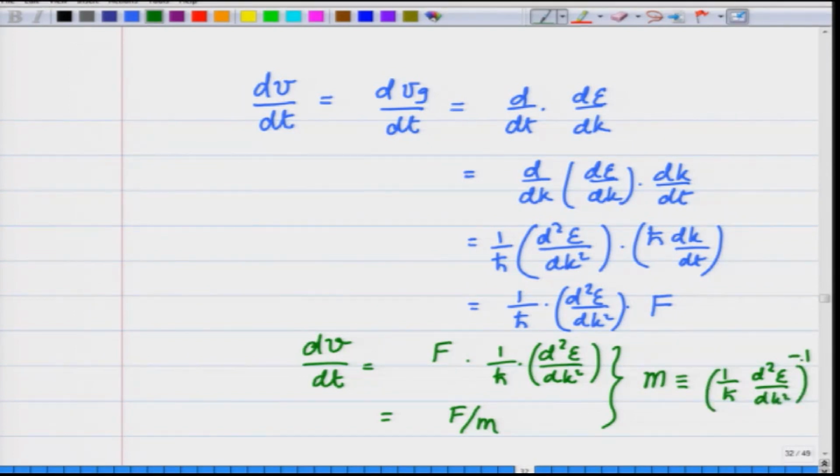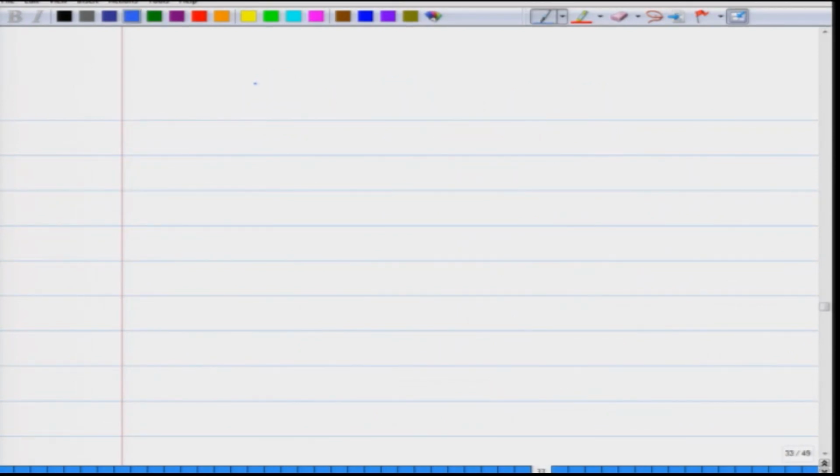So, to understand the concept of effective mass, let us calculate dV/dt for the particle, which will be the same as d by dt of its group velocity, which I can write as d by dt of 1 over h cross dE/dk.